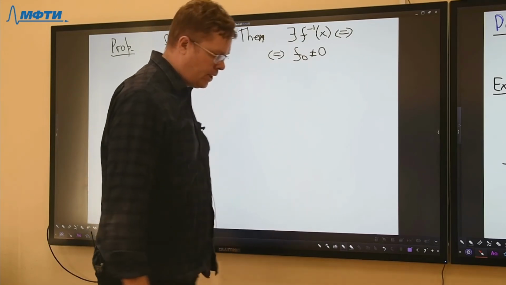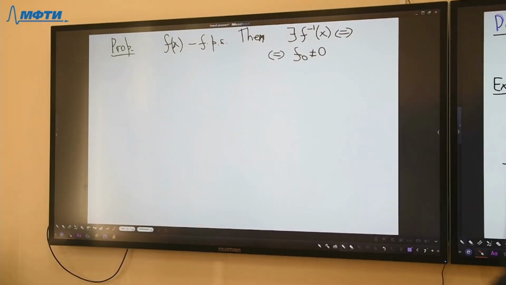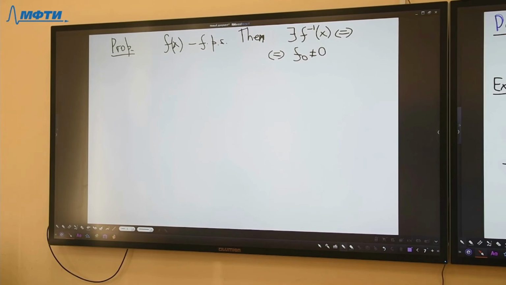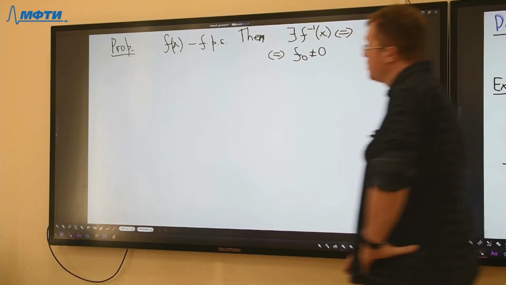So if the coefficient f0 is not equal to 0, then f of x is invertible, has an inverse. And if f0 is equal to 0, then it has no inverse.